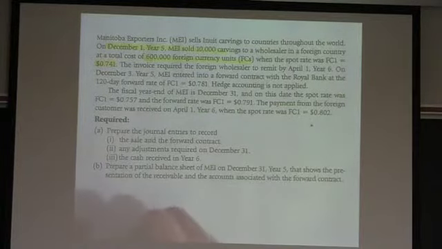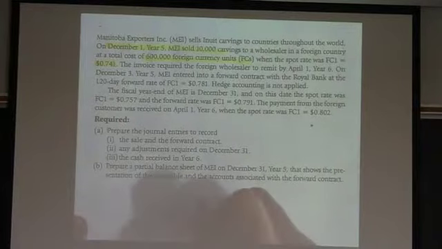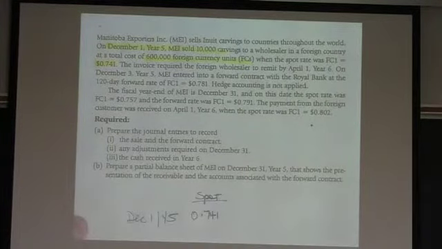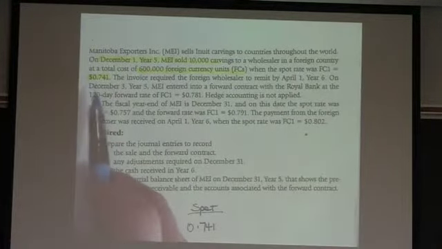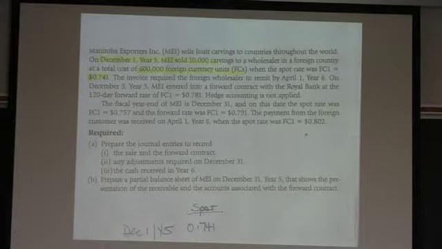This is December 1st, year 5, spot rate, 0.741, and this is one foreign currency for this much Canadian. So this is what we call the direct quote, an example of a direct quote.